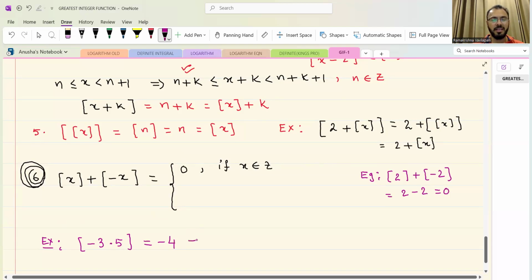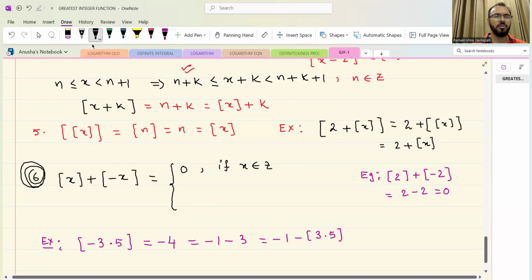This I will write as minus 1 minus 3, so further I will write minus 1 minus the integral part of 3.5. I hope you understand this.